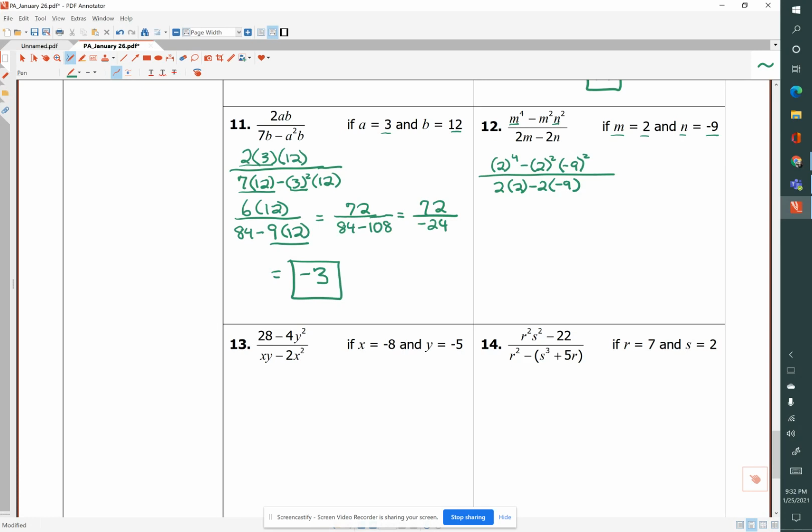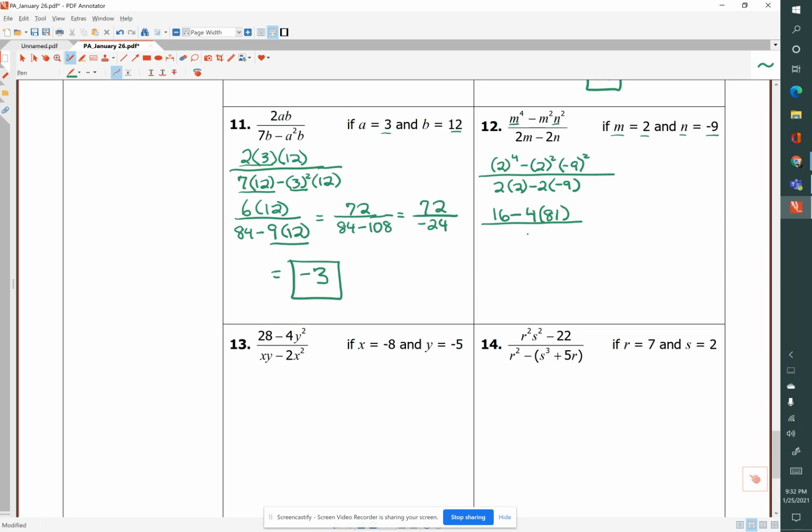So where to start? We start with those exponents. 2 to the 4th power is 2 times 2 times 2 times 2, which is 16. 2 to the 2nd power is 4. And that is going to be multiplied by -9 squared, which is -9 times -9, which is a positive 81.